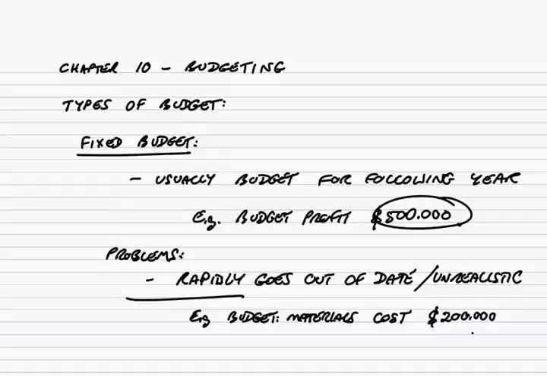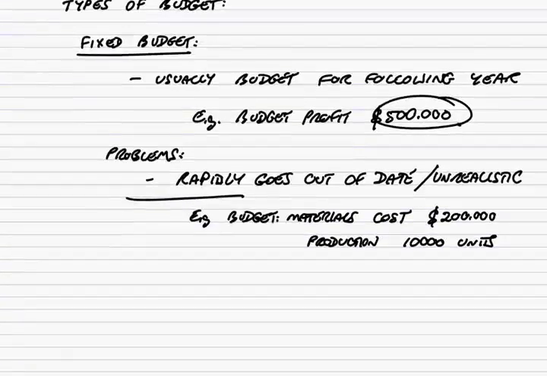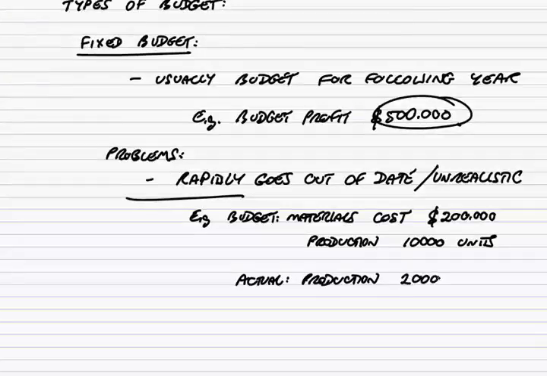You budgeted 200,000, but you budgeted on production of 10,000 units. Well, suppose demand's a lot higher than we expected, and suppose the actual production, we actually produced 20,000.